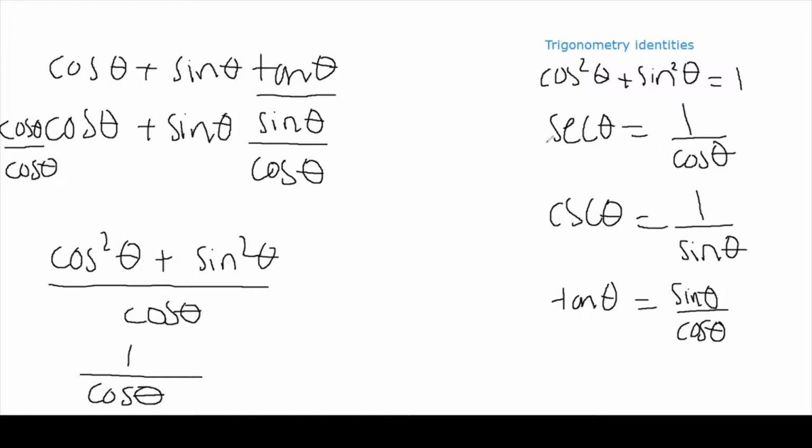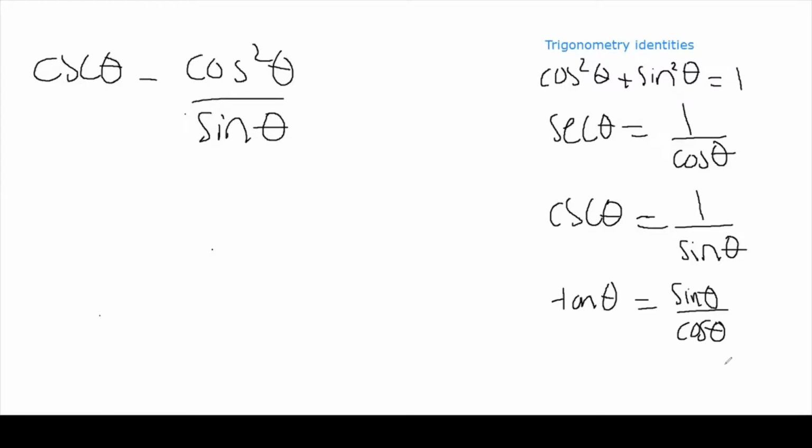So we can just replace 1 divided by cosine of theta equal to secant of theta, and that's it. Cosine of theta plus sine of theta times tangent of theta, that equal to secant of theta, and that's the number one.